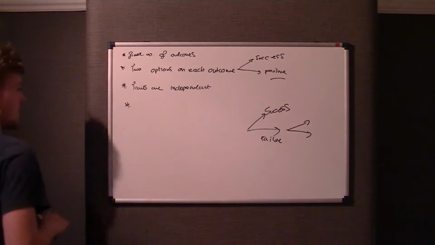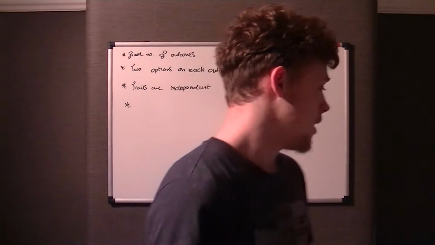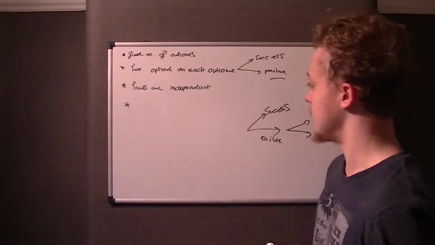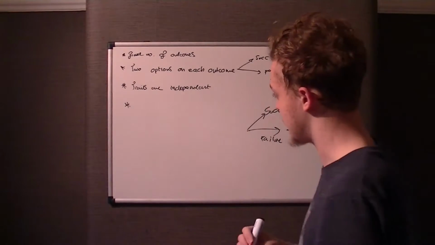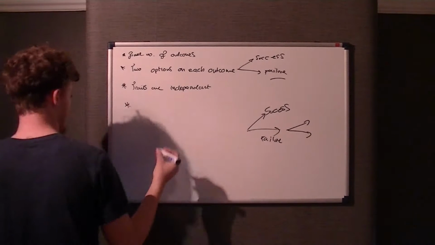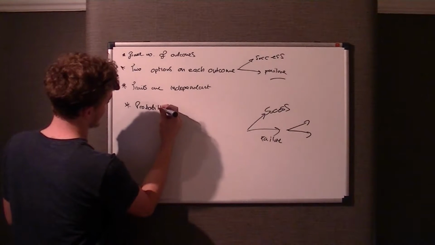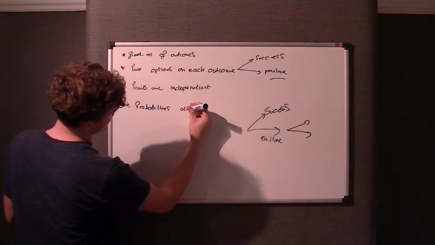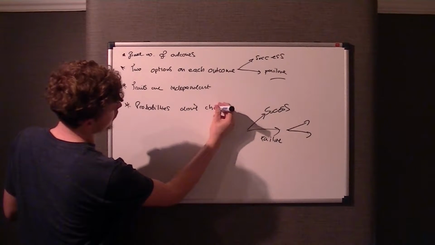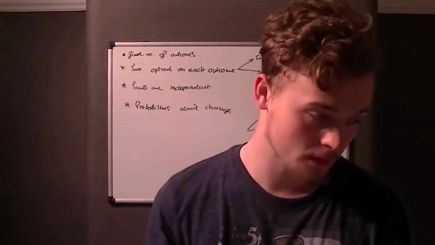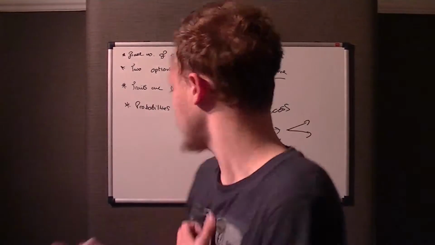Which leads us to our next point. The probabilities of each outcome are the same. The probabilities don't change. So, what do I mean by this? Well, obviously there's a different probability for a successful outcome than for a failure.